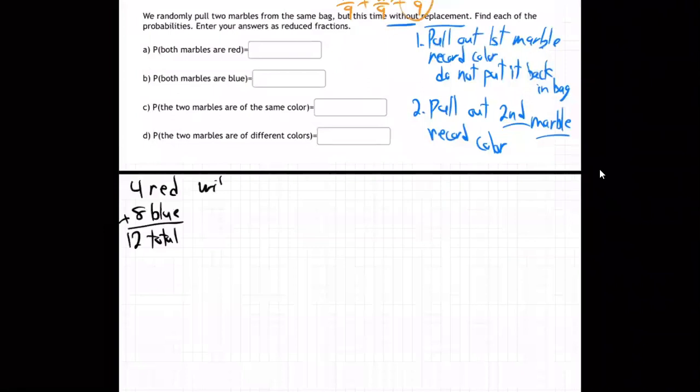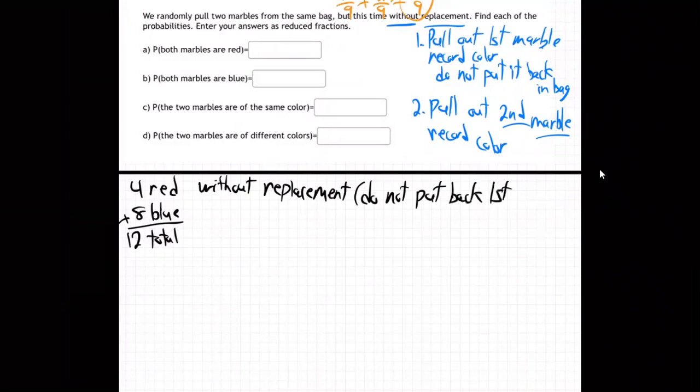And this is without replacement, meaning do not put back the first marble. Do not put back the first marble. So that's going to change the game quite a bit.